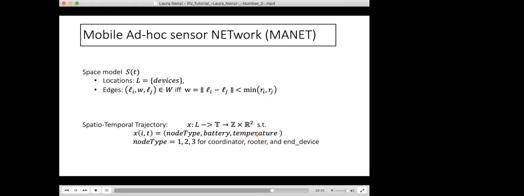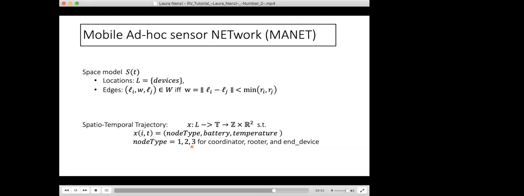The node type, that actually is a constant in that case, the level of the battery and the level of the temperature. The node type is 1, 2, 3 to denote the coordinator, the router, or the end device.